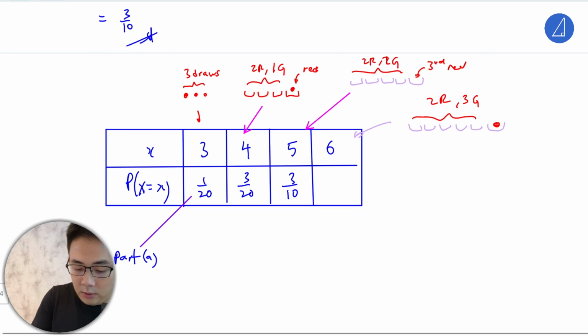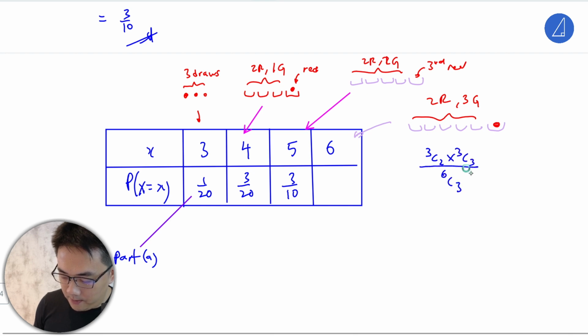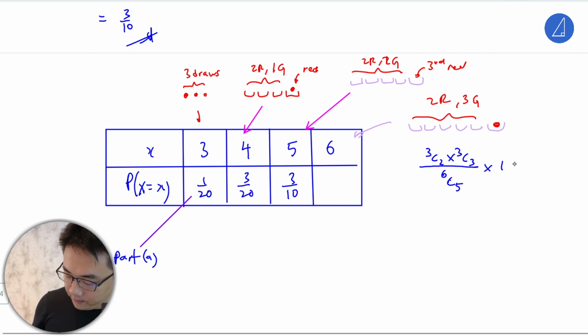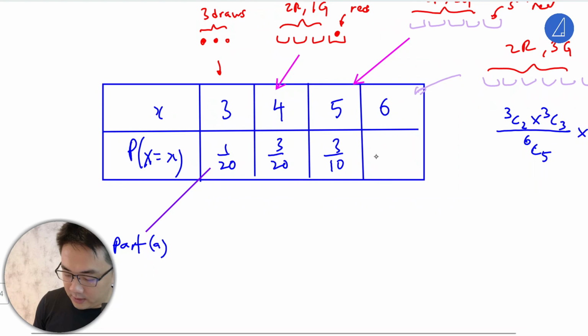Essentially you could calculate it, or I think it's good to calculate it so that you at least know whether it checks out, because you can take 1 minus the entire thing. So this will be 3 choose 2 times 3 choose 3 over 6 choose 5, multiplied by the last one, which is definitely red, 1 choose 1 over 1 choose 1, which gives a half.